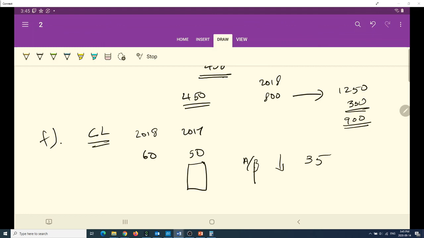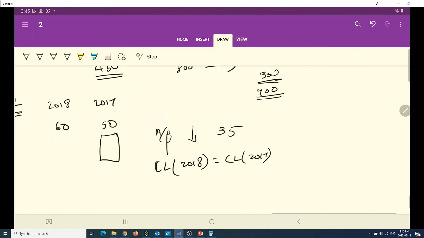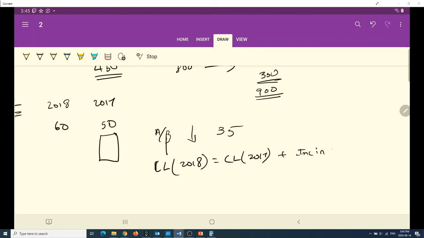Okay, so current liabilities for 2018 is current liabilities for 2017 plus any increase in current liabilities during 2018. This is given, so this is 60, this is 50, and this net difference is 10.